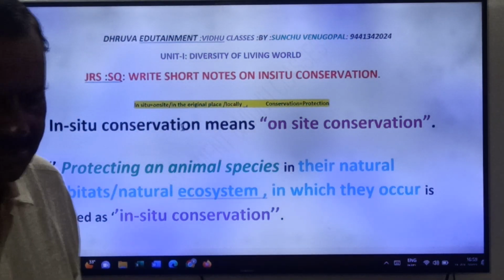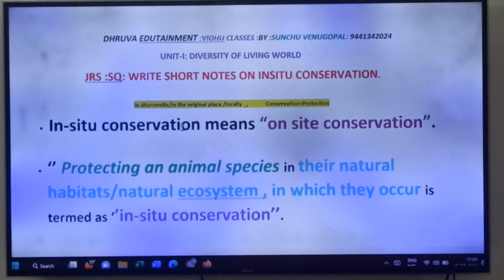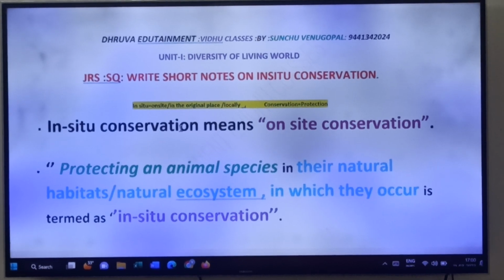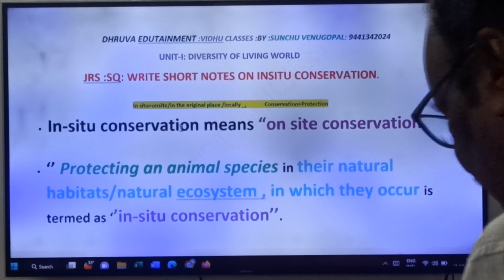Conservation of animals and endangered species is of two types: one is in situ conservation and the other is ex situ conservation. In this question, we have to write about in situ conservation.